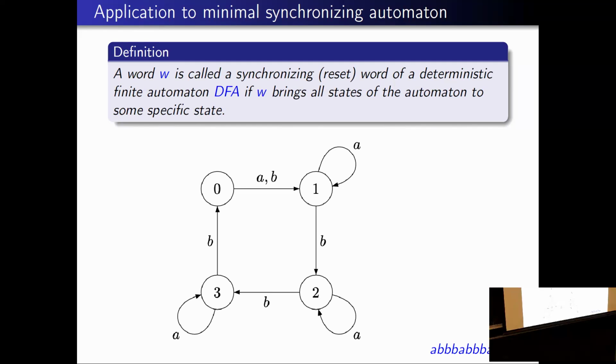So for example, here, if I take this word and move along the corresponding edges, it always brings me from any place to the place number 1. You could just experiment on your own. So whatever the previous client did, I could still come and it tells me, please insert your credit card.